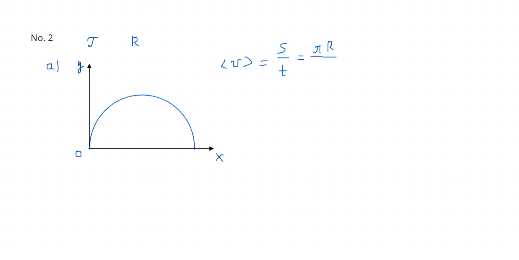And you can see that during time tau. So tau is time. So this is tau. This is the answer for the first part of the exercise.